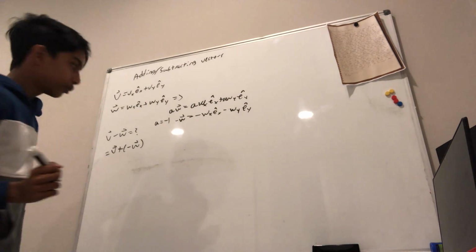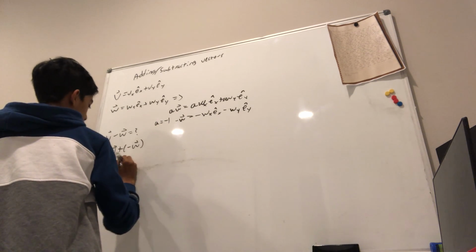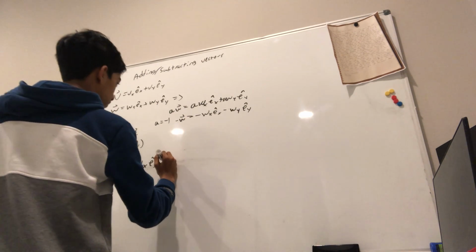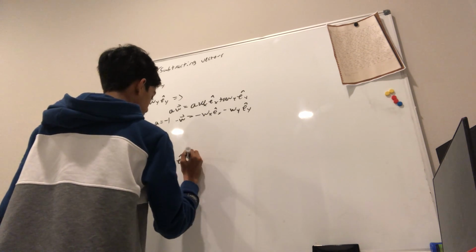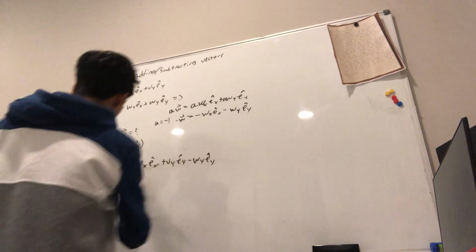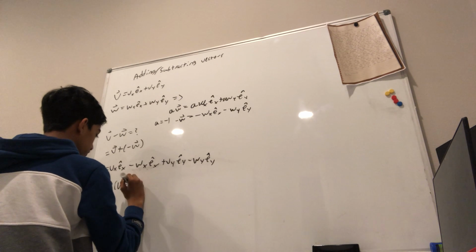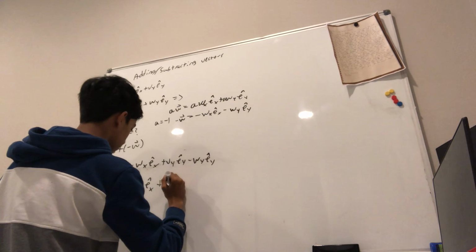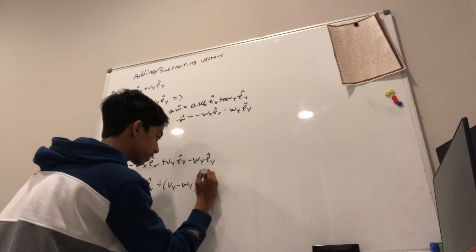If you wanted to substitute the values for negative w, this would just be vx e hat x, and then negative wx e hat x, plus vy e hat y minus wy e hat y. And then we can factor it again, and we just get vx minus wx times e hat x plus vy minus wy times e hat y.